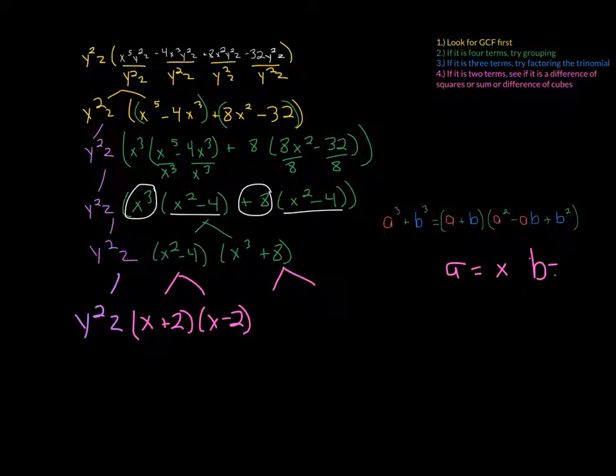So a is x and b is 2. So a, which is x, plus b, which is 2, and then x squared minus a, which is x, times b, which is 2, plus b, which is 2 squared.